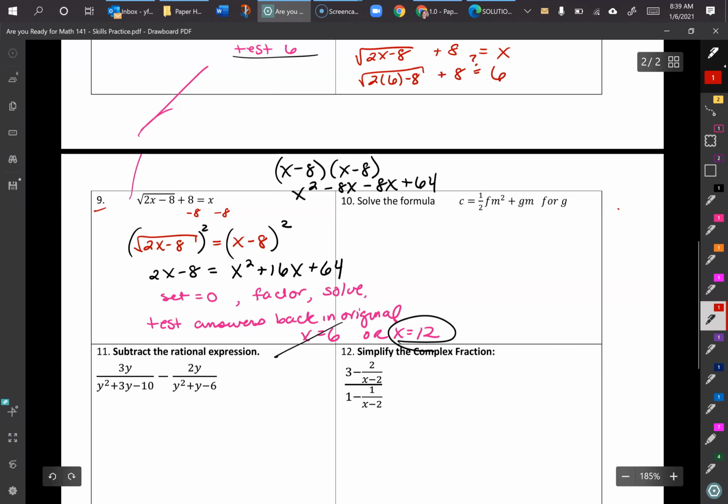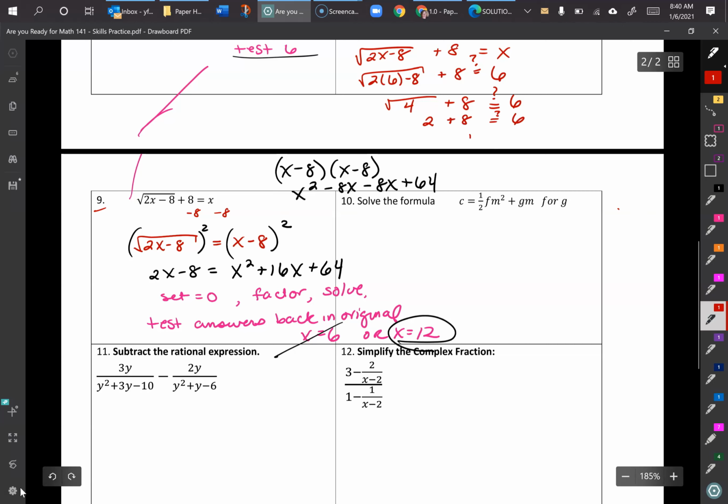And let's see, we're saying, is that equal actually? So we have the square root of 12 minus 8 is going to work out for us as a 4, and then plus 8, does that equal 6? So then I end up getting the square root of 4 is 2 plus 8.